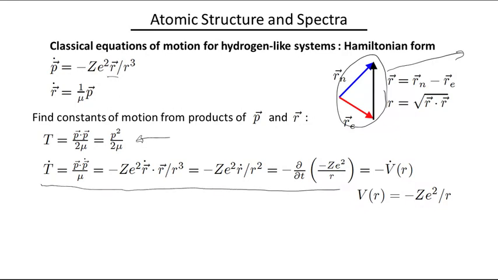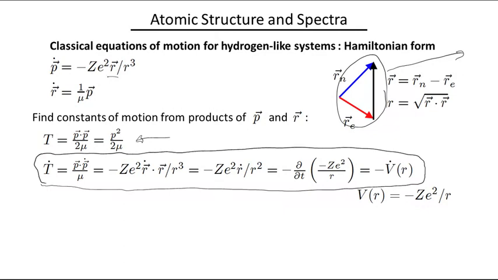And then here is something that happens quite generally in any system of particles interacting by pairwise forces. You can see that the time derivative of the kinetic energy, just following the Newtonian force laws, is minus the time derivative of the potential energy.